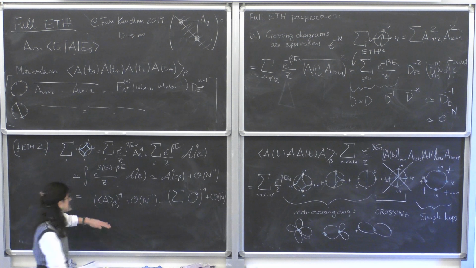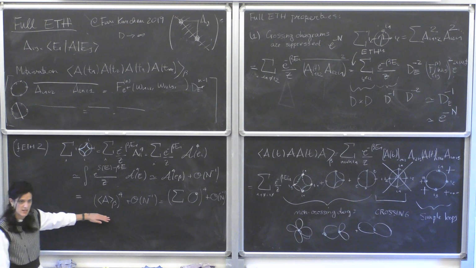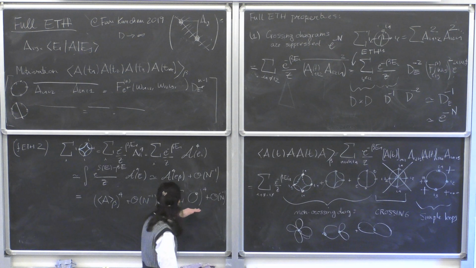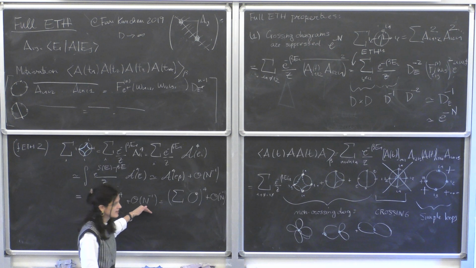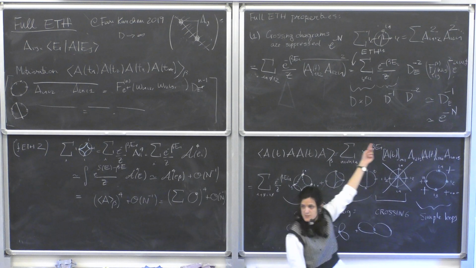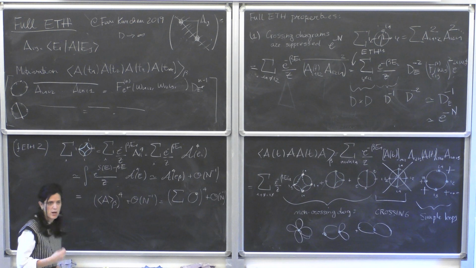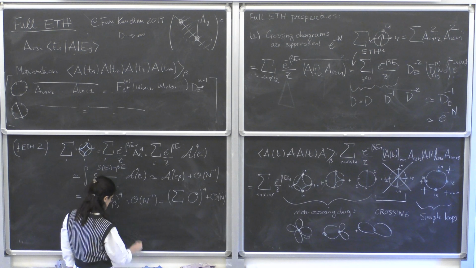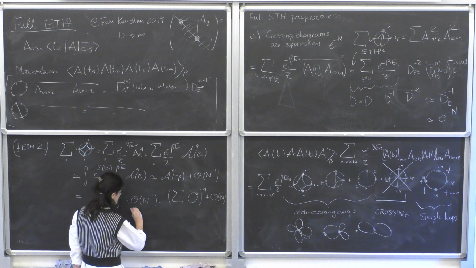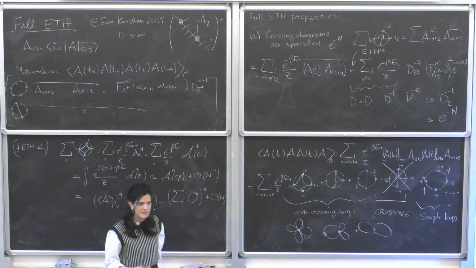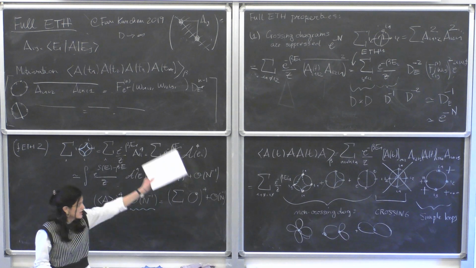And you see, this is something of order 1, okay? So as long as you look at things which are of order 1, this object is exponentially suppressed. And note that here I'm also making a much bigger error. There is this order N to the minus 1, which is much bigger than the exponentially suppressed crossing.